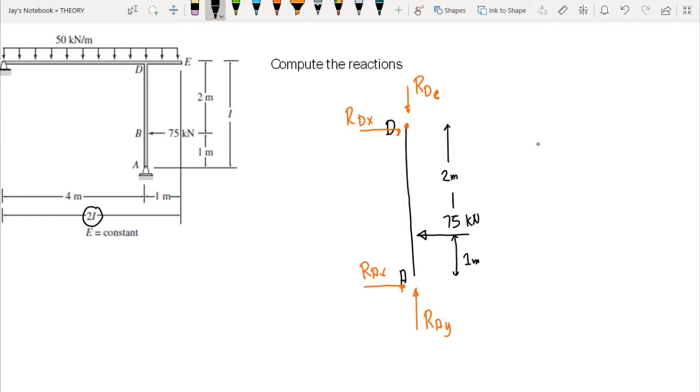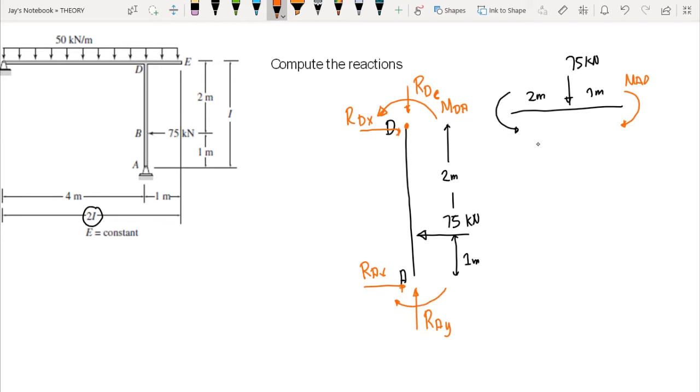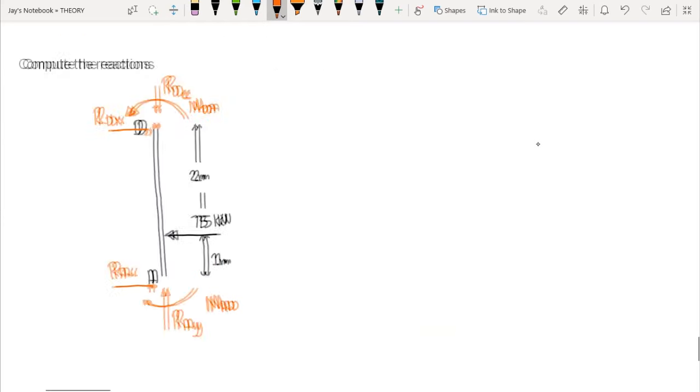So we can express this as a beam like this. We have 75 kilonewton, this is 1 meter, and this is 2 meters. So we have this moment here which is counterclockwise. On this side we have counterclockwise, this is MDA, and on this side we have clockwise, it's MAD.